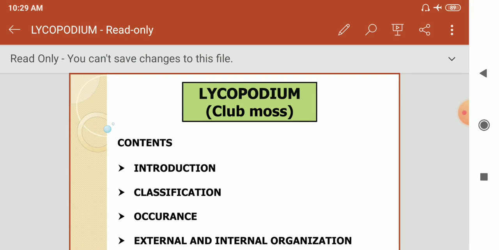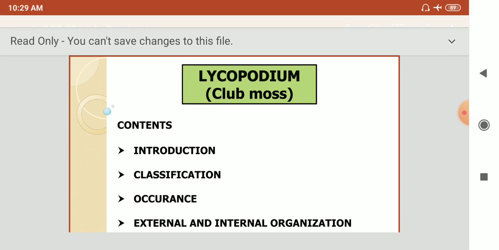Commonly in the case of Lycopodium, what happens is, you can very easily find the mature plant body with antheridia and archegonia. The antherozoids will be present and come in contact with the egg cells. Fertilization takes place.